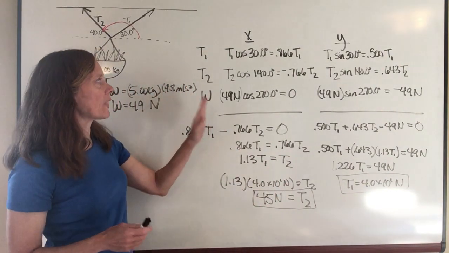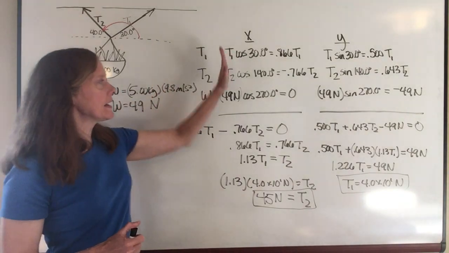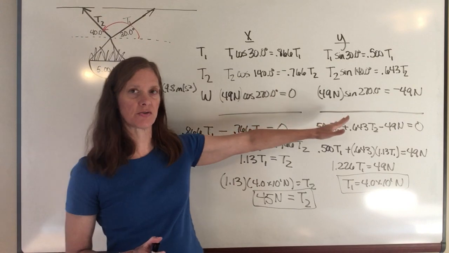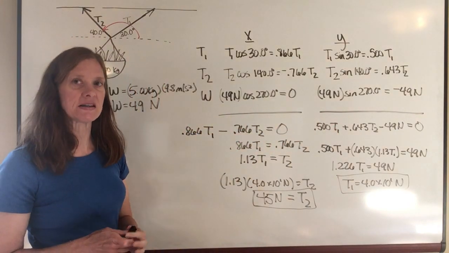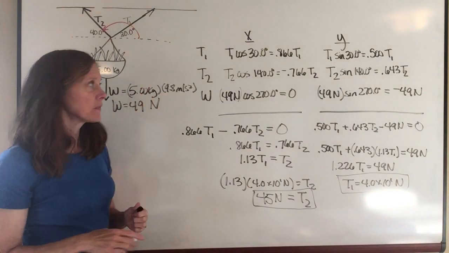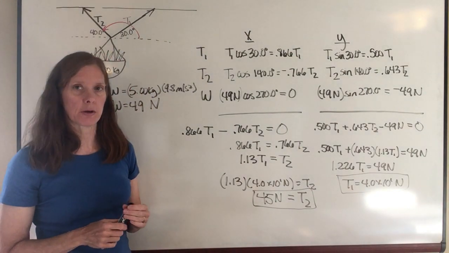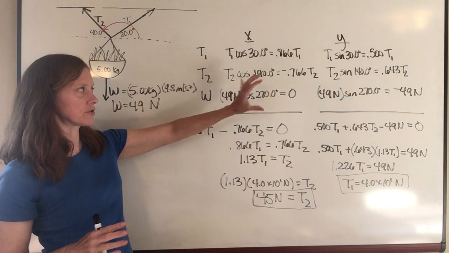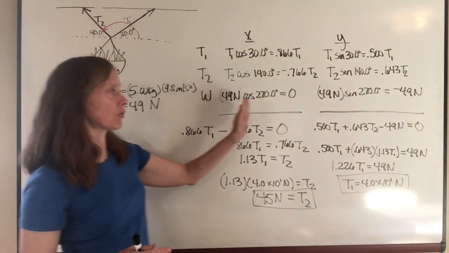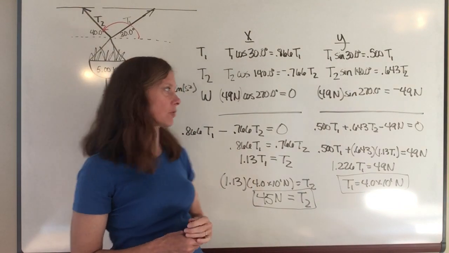Okay, then you want to break down each force into its x and y components using the sines and the cosines of the angles. Make sure that you've identified your angle from the positive x-axis. Don't just use the angle that's written in up there, because otherwise they're all going to be positive instead of having correct positive and negative signs, and they won't cancel out.